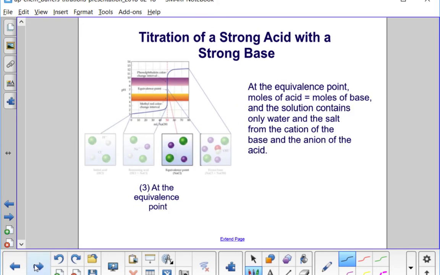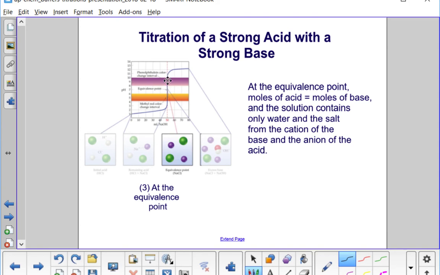And the third place is at the equivalence point. So the equivalence point, very specifically, is right here in the middle, okay? And for our example, in the graph here, that's where we would see the methyl red color turn, or the phenolphthalein turn, at that equivalence point.